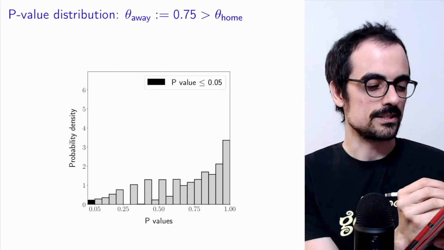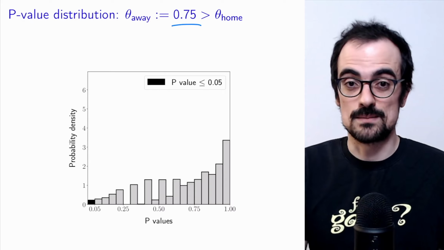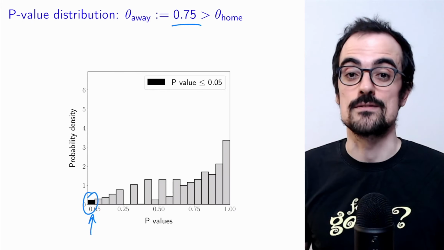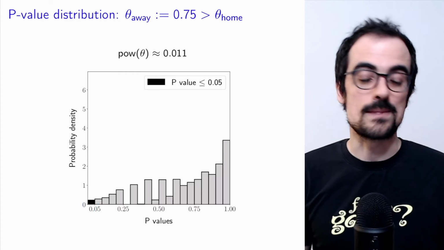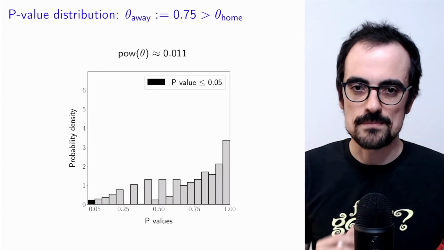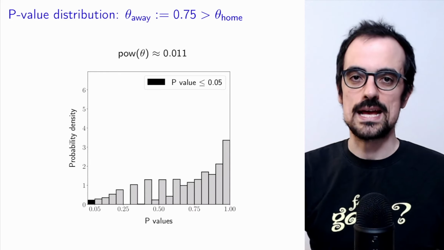So if the away percentage is very large, then we get a negative test statistic. The probability that the p-value is below the significance threshold is very, very low. Indeed here the power is 0.011. The test is completely underpowered to detect situations where he's shooting better away than at home.